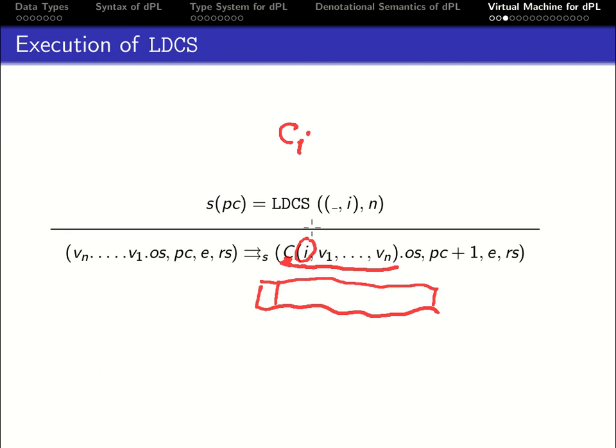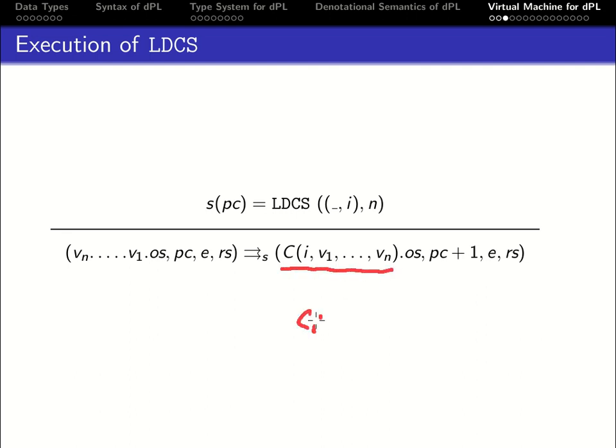Now notice that in this expression right here, CI doesn't appear. The C index I, which was the symbolic name of the constructor, doesn't appear. This is the reason why it's missing from here, and it is completely optional. Okay?